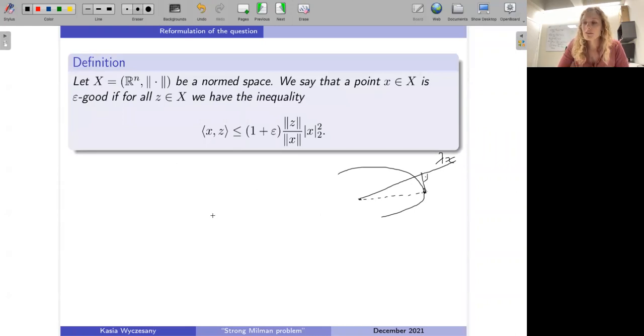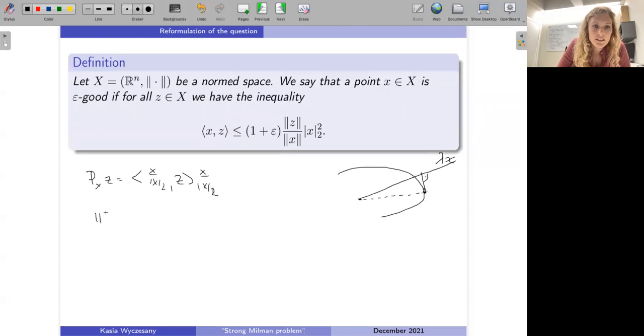So let me write a few more details. If I write the orthogonal projection onto x of z, this is of course the scalar product of z and x, times x over the 2-norm of x. I'll sometimes be skipping the 2, but a one-line norm will always be the Euclidean norm for me.